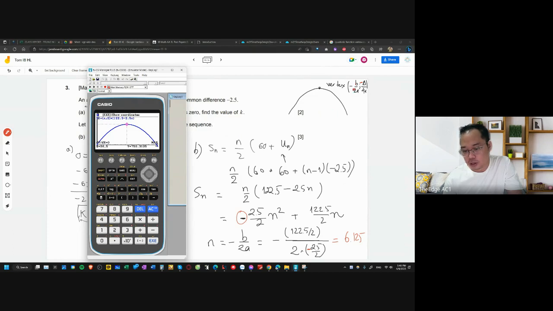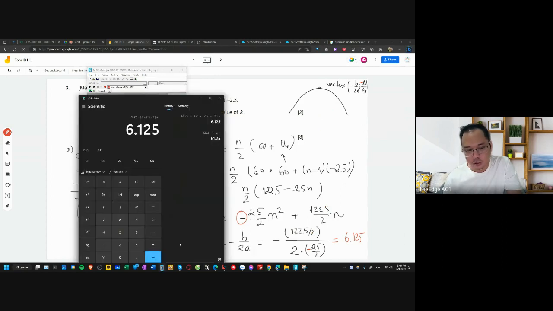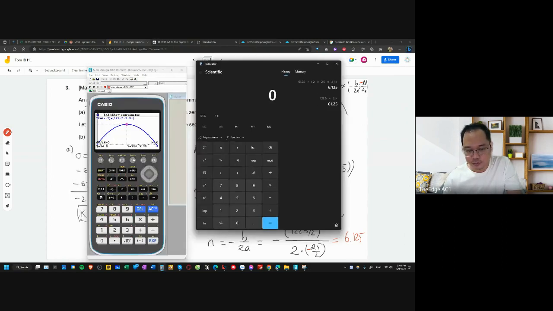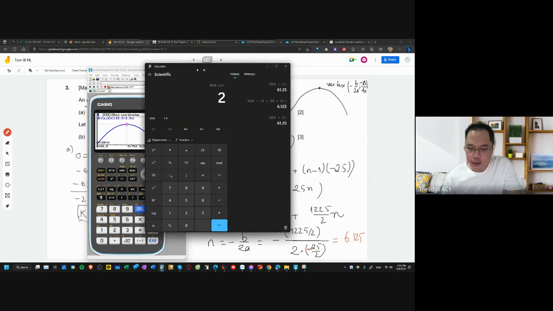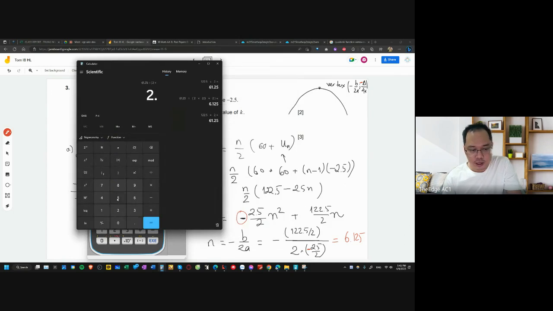B over 2A. B is this term, which means half of 122.5, divided by 2. And then divide by 2A. 2 times A is 2.5 over 2. 24.5.